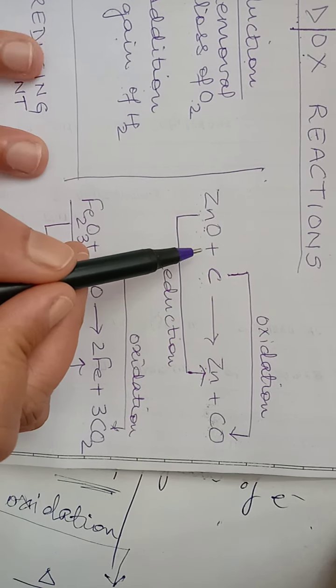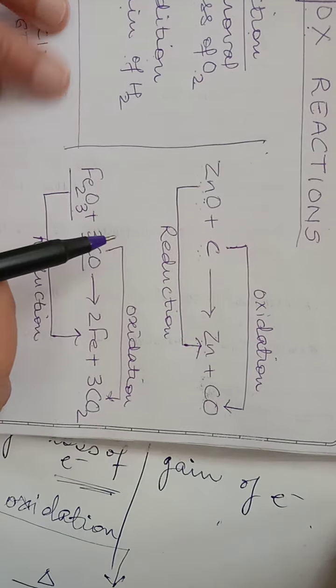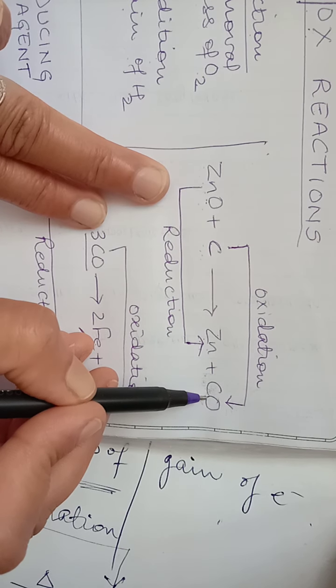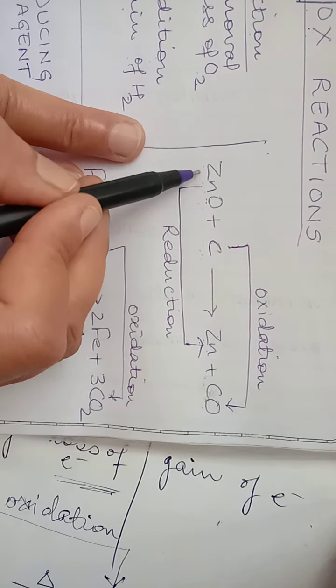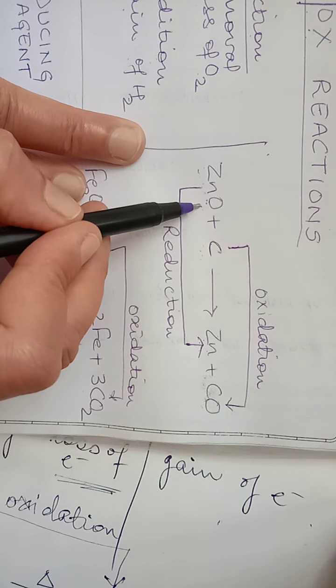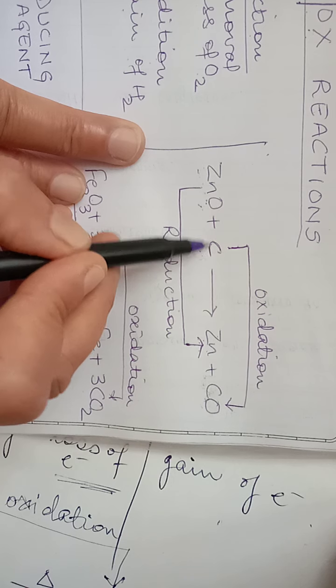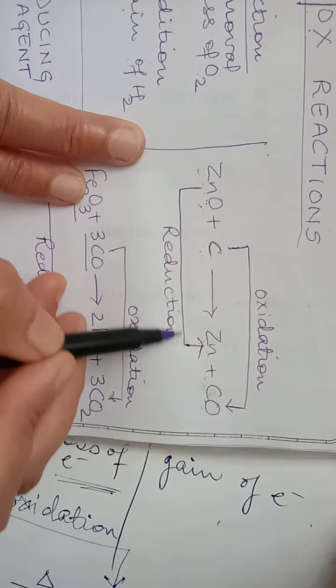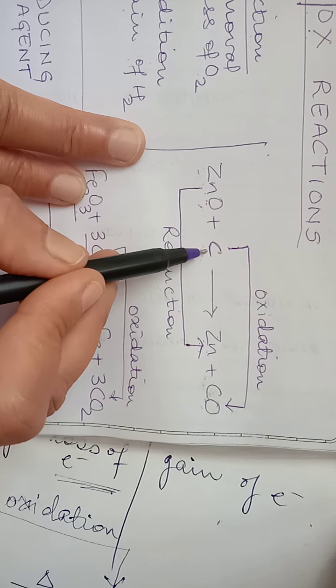For example, here we have zinc oxide and carbon. Carbon has been oxidized, that is, oxygen has been added to it. Zinc oxide is the oxidizing agent. It is zinc oxide which has oxidized carbon. It has given its oxygen to carbon. Itself it got reduced, but it has oxidized carbon.